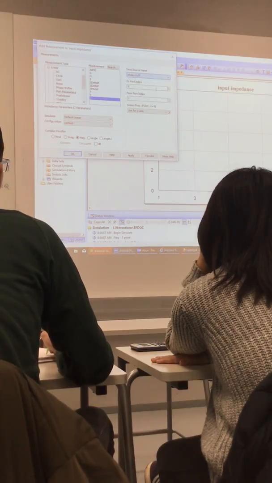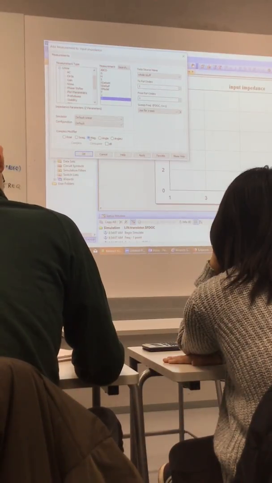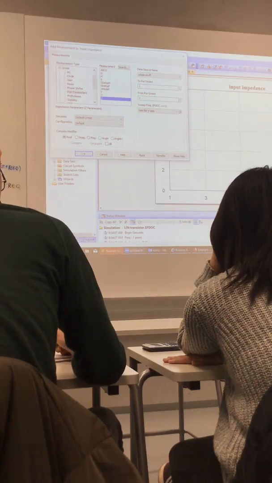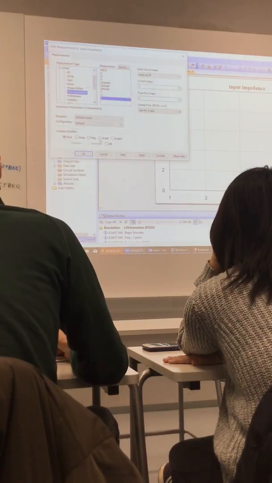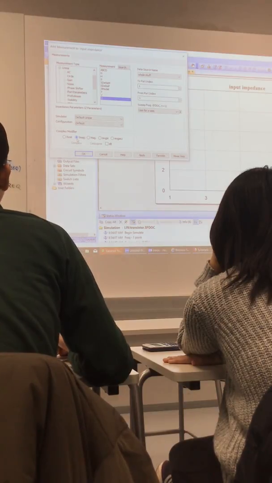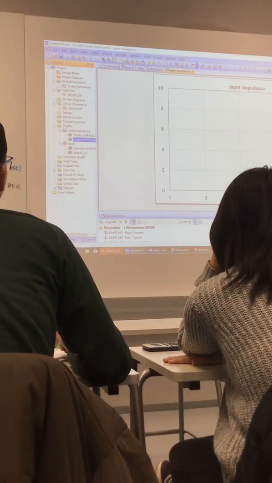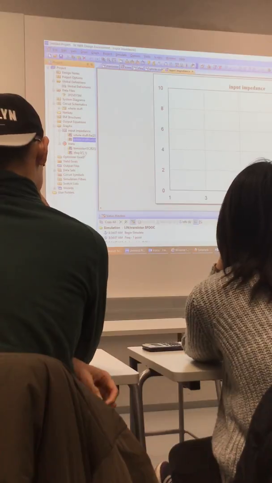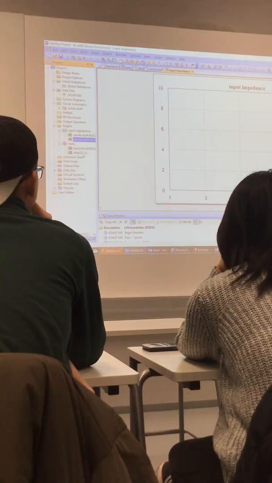And now for the whole stuff. I don't take the magnitude because the magnitude is always positive. I'll take the real and the imaginary value of the Z11 like this. Now I have the real part of the input impedance and the imaginary part of the input impedance. Now only at a single frequency.